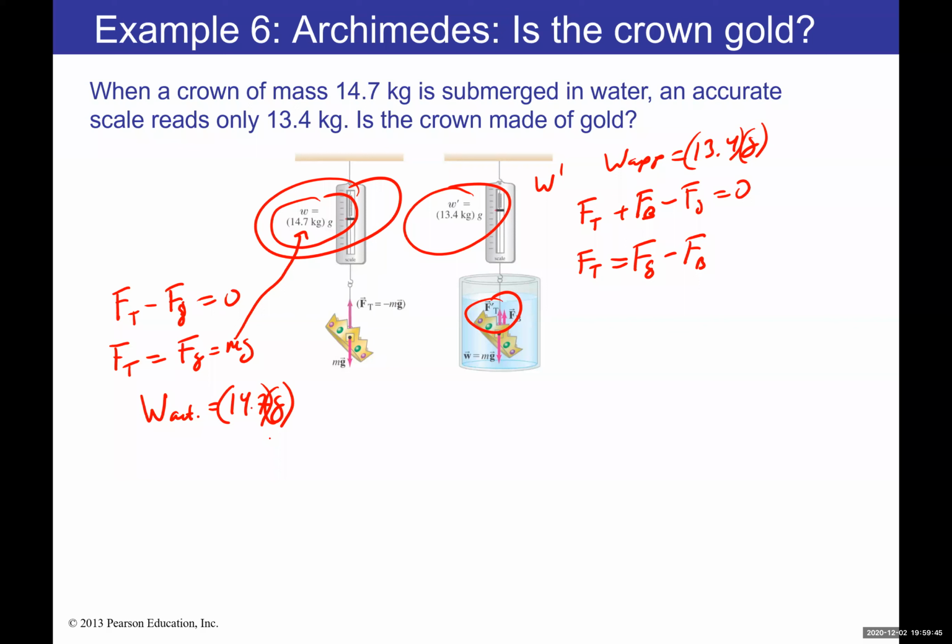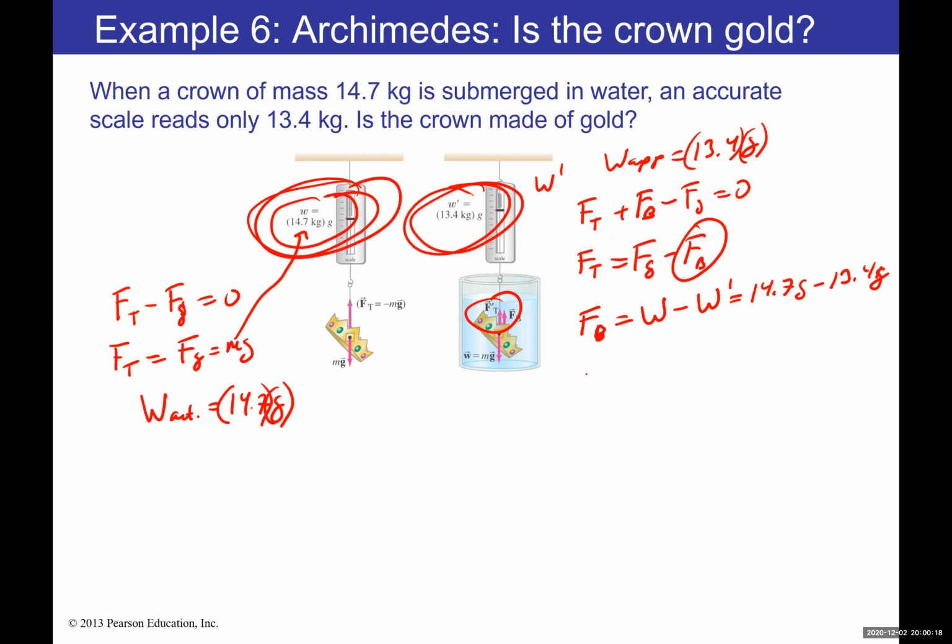In order for us to find that, we first need to find the buoyant force. The buoyant force is the difference between the actual weight and the apparent weight. So this is 14.7 g minus 13.4 g.